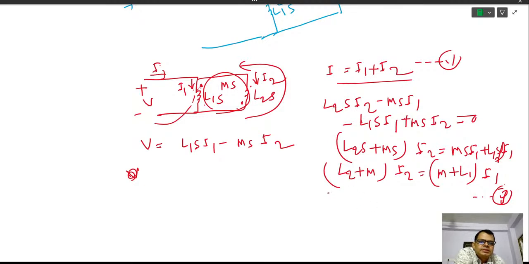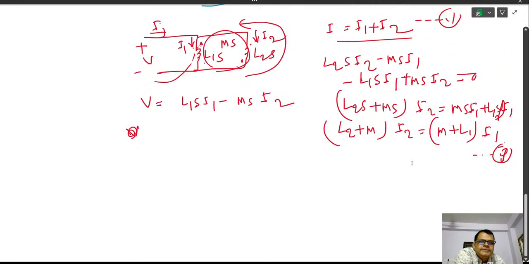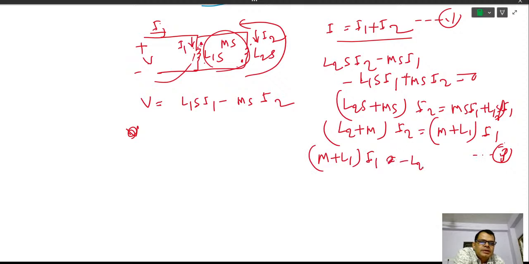See here, L2 plus M I... we'll do (M plus L1) into I1 minus (L2 plus M) I2 equal to 0, and another equation is I1 plus I2 equal to I, right?